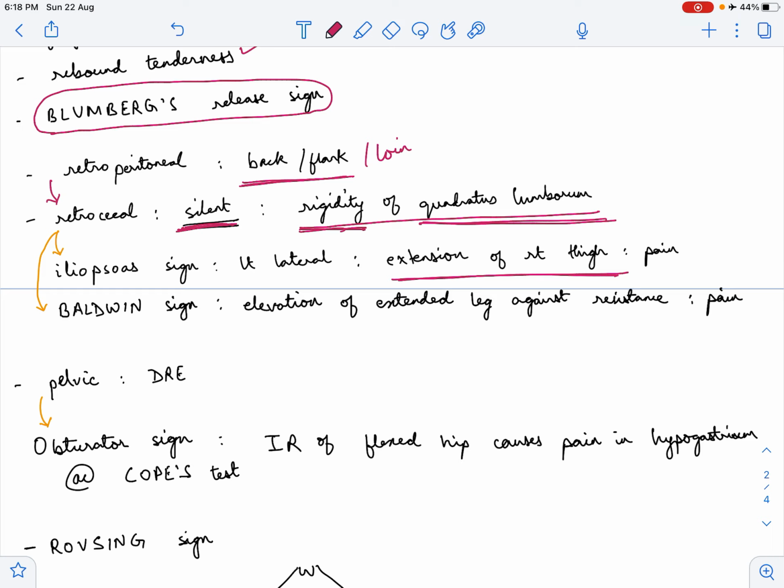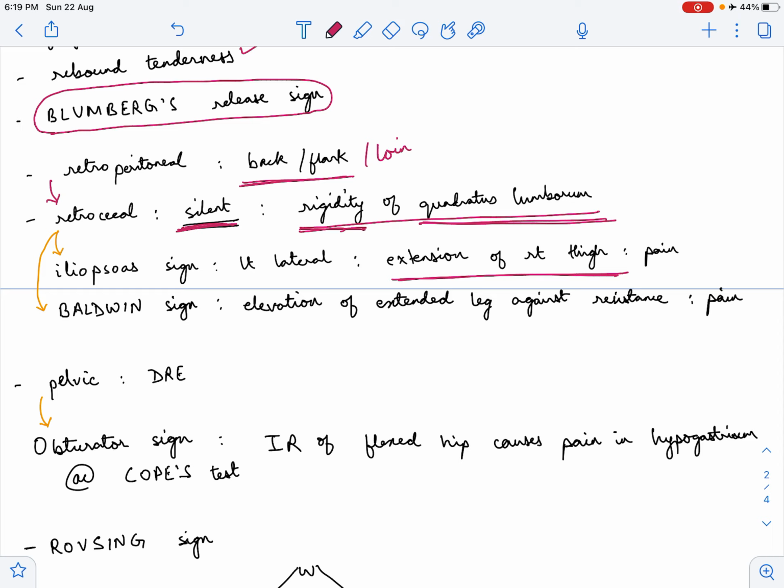Just like in a peritonitis patient, the patient is lying still, or in a patient with ureteric colic, the patient is moving around constantly trying to get the best position to lie down. Likewise, in acute appendicitis, by default, the patient will be in a flexed position because that will give him relief of pain. So when he extends his right thigh, he gets pain. That is called the iliopsoas sign.